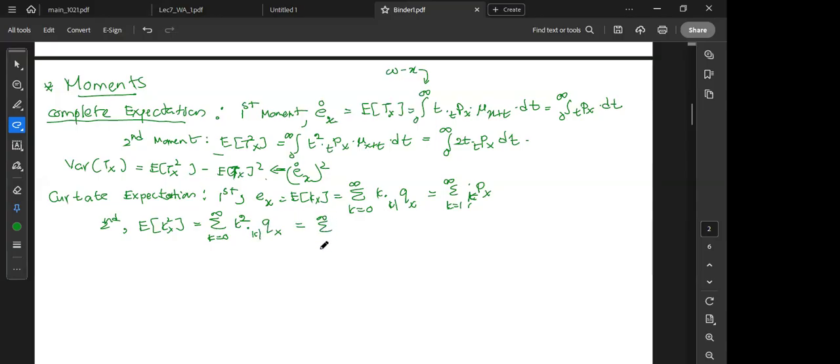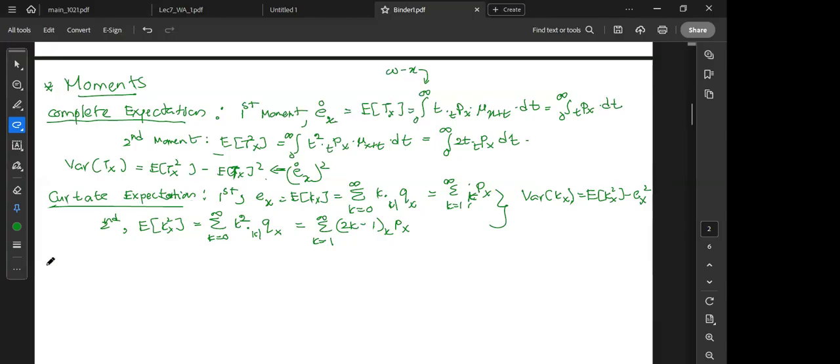So this is also simplified to a version which is a sum from k equals 1 to infinity, and now we have 2k minus 1 times the survival probability. So using the concepts of series, we can simplify from this version to this version. And using these two, I can define the variance of the curtate random variable like this. So this is how I can define the variance.